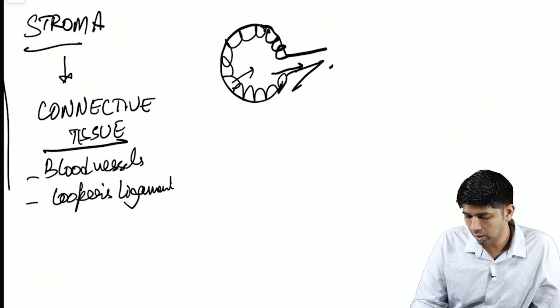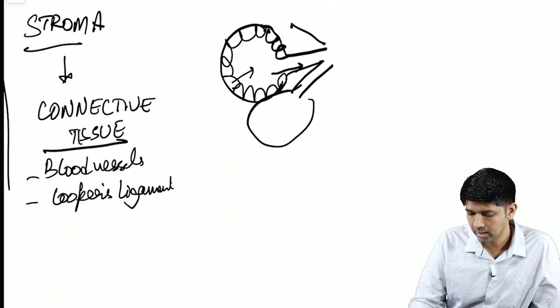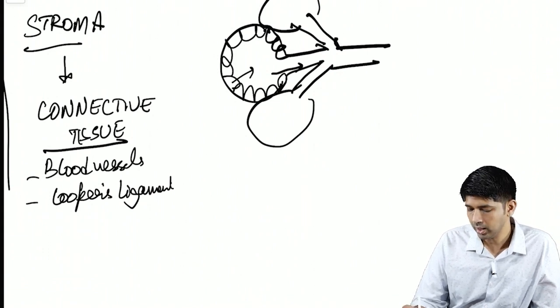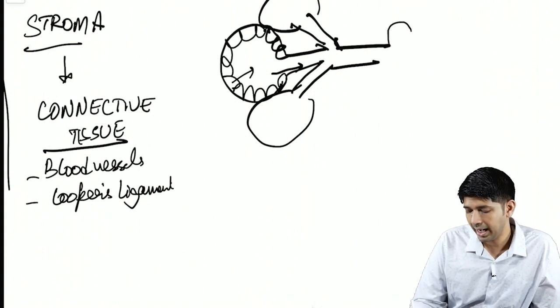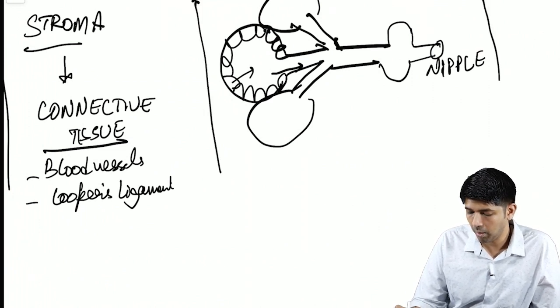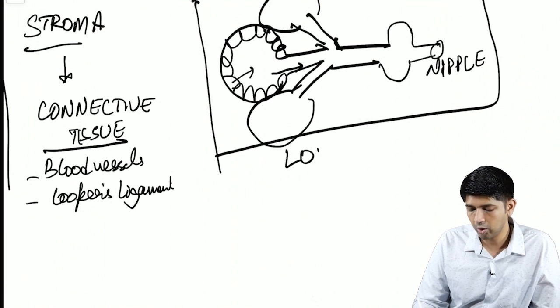So, similarly, you will have multiple such acinis and multiple such ductules, which eventually form the main duct. Okay. And each of these ducts end into a lactiferous sinus and then opens into the nipple. Okay. So, this entire component is what we call as a lobule.